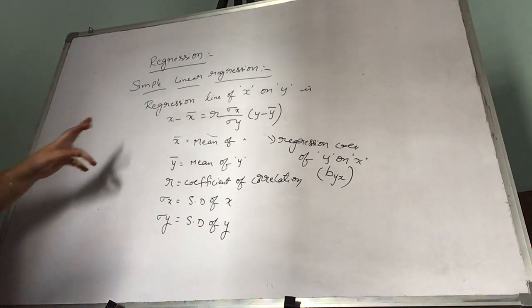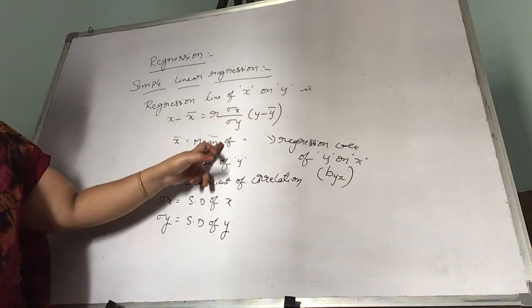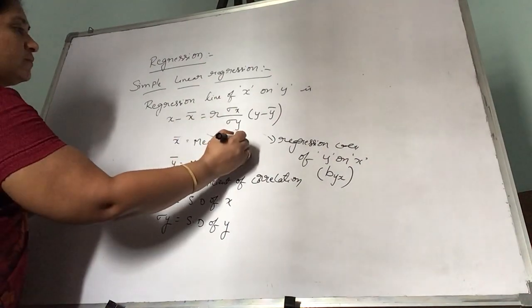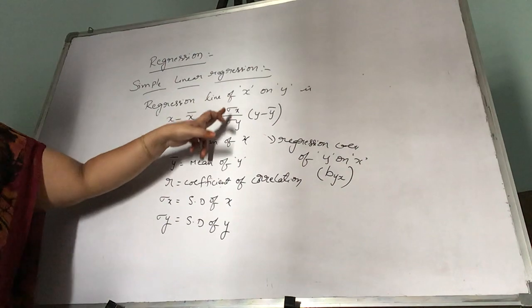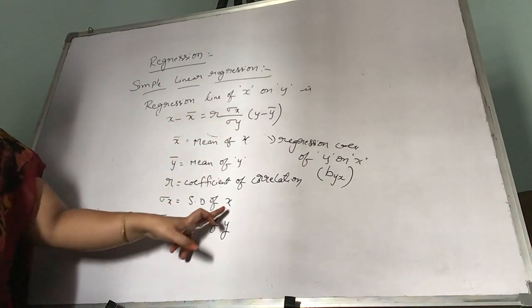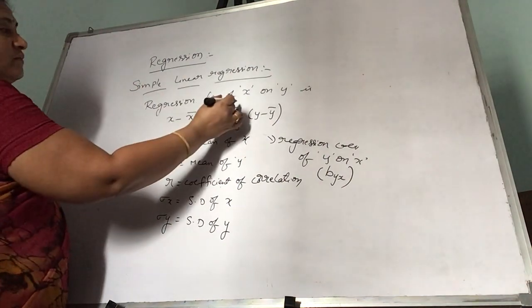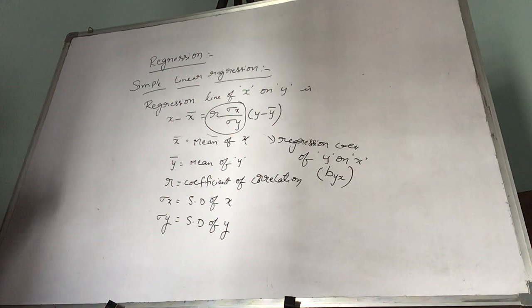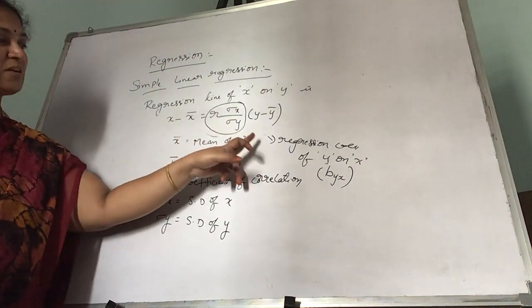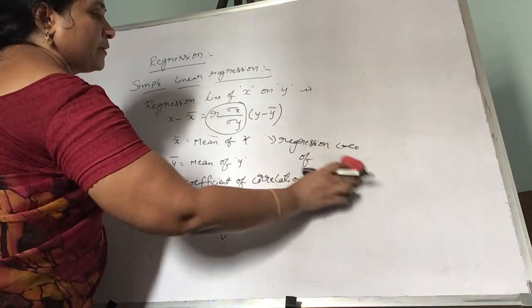Here x bar, y bar are the means of x and y, small r is the coefficient of correlation, and sigma x, sigma y are the standard deviations of x and y. The slope of this regression line is r into sigma x by sigma y, which is called the regression coefficient of x on y.